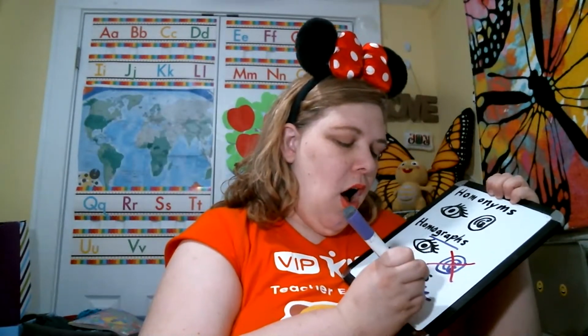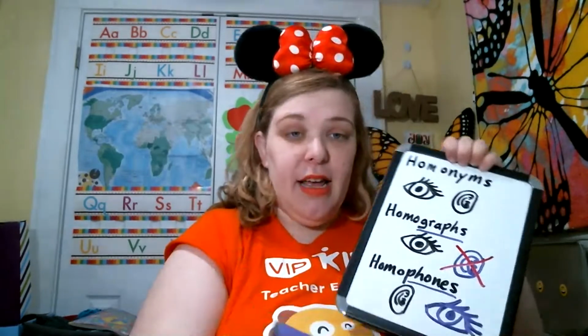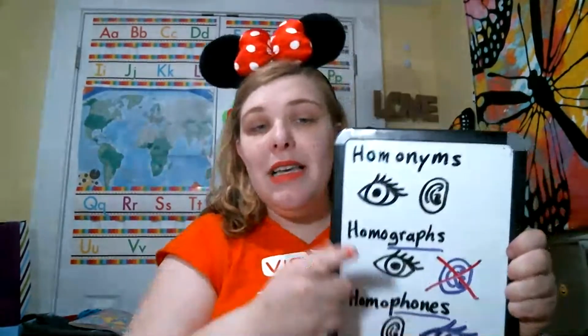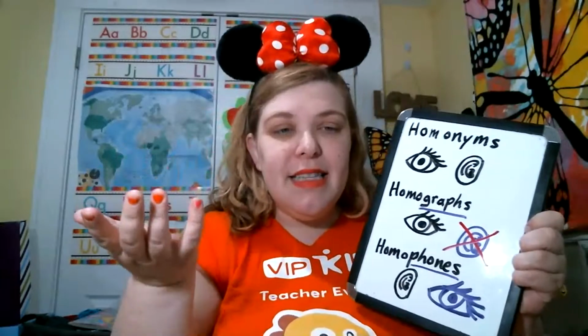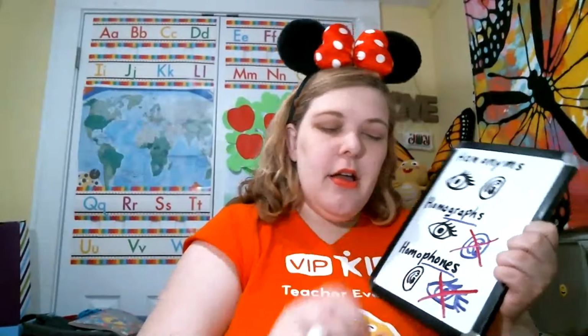And all of these are going to have varying definitions. So all three of them, it means there's two different words that are very similar in either sight or sound or both, right? So homonym, sorry, I don't have a fun little thing to remember nym, but it's the other one. Homonym, sorry, let me put that X there.